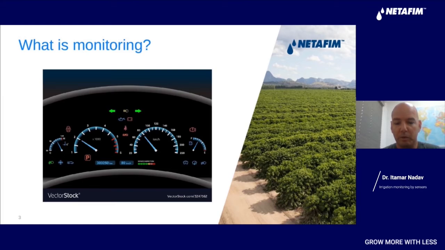This is very important to know if you're driving at the right velocity, and if you have enough fuel, or need to stop and refuel. And the same is actually true for irrigation and crop monitoring. You need to keep updated on the status of your field and your crop.